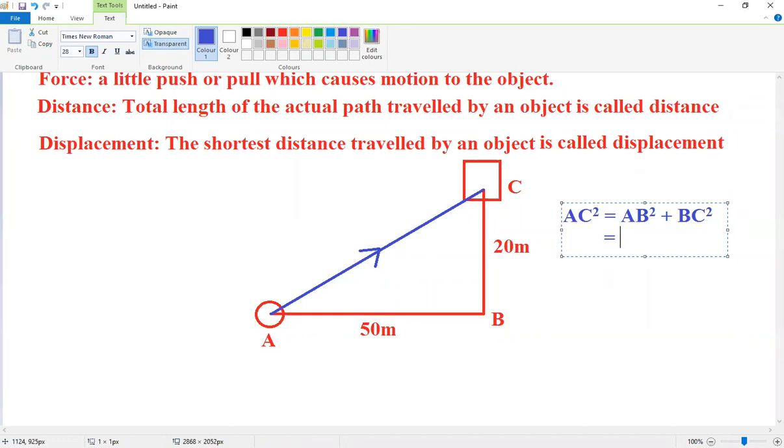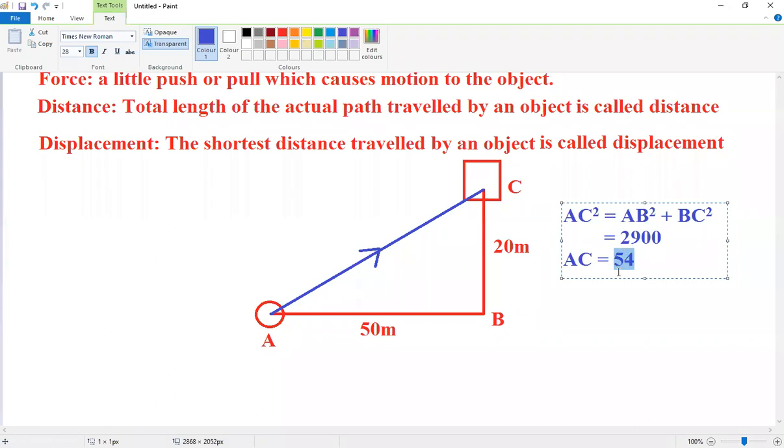So it is 2900. The square root of 2900 is not a perfect square. So AC will be around 53.85, and we'll take it as 54.